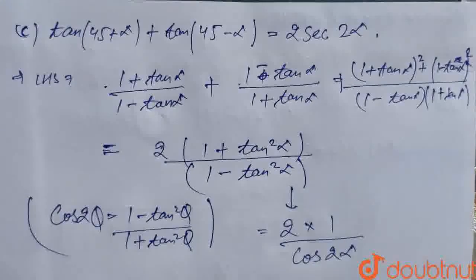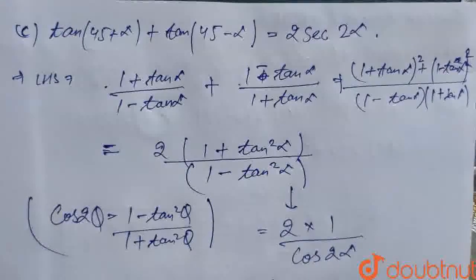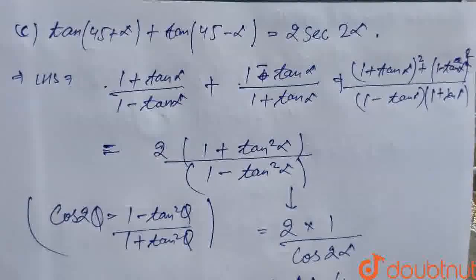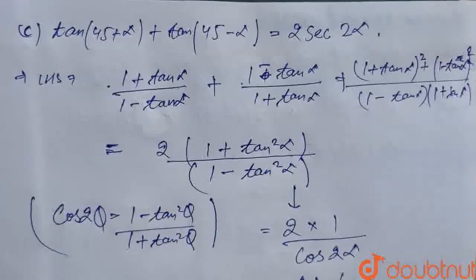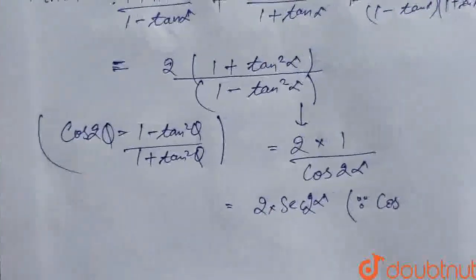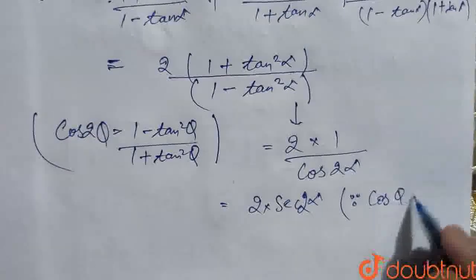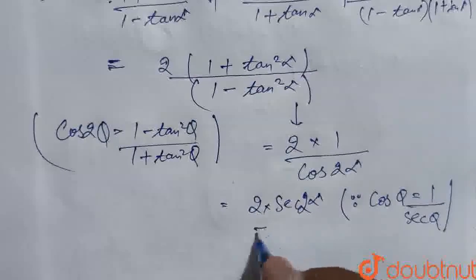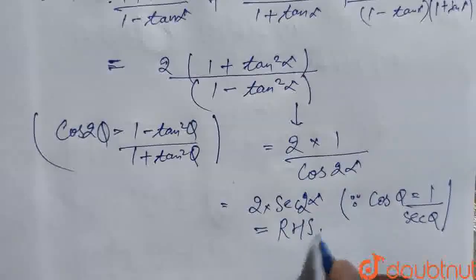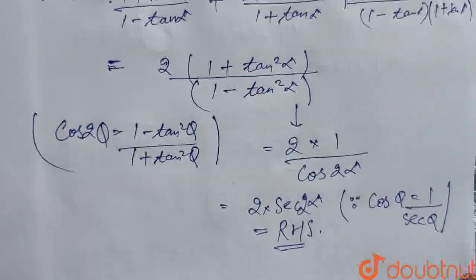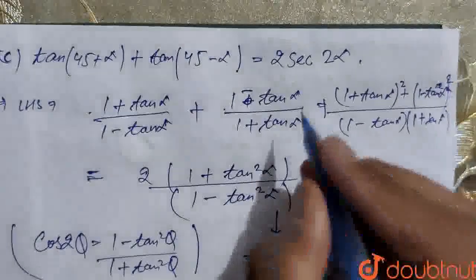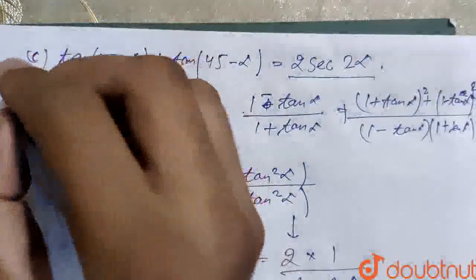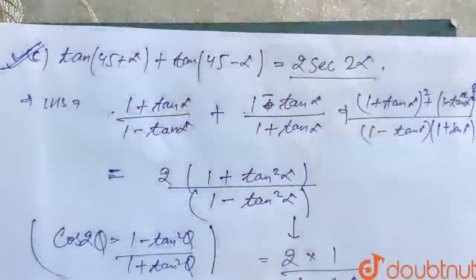And we know that cos theta is equals to 1 by secant theta, so this is 2 secant 2 alpha, which is equals to right hand side, which is what we have to prove. Hence our option C is correct.